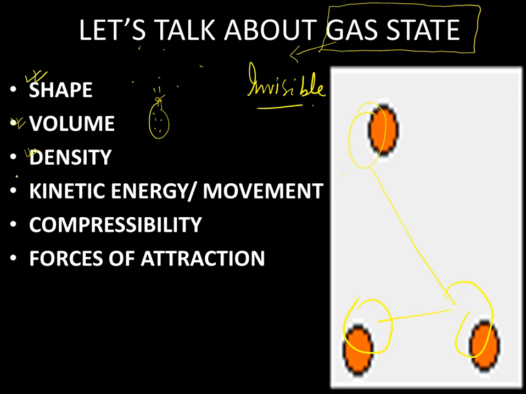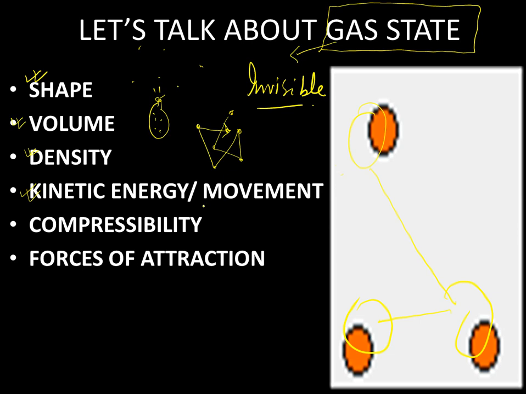So let's talk about the kinetic energy or the movement of particles. Do you remember the Brownian motion in which the particles move here and there, then here, then there? They are in constant motion, and the new direction is independent of the previous track followed by that atom.